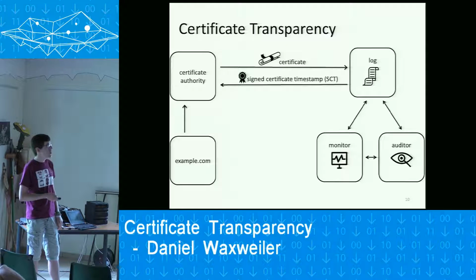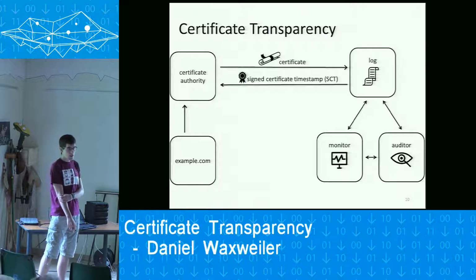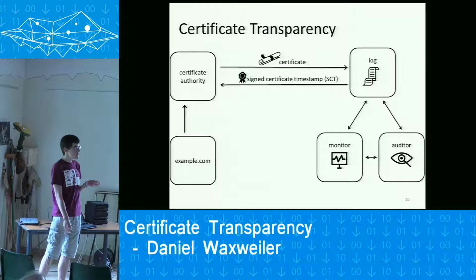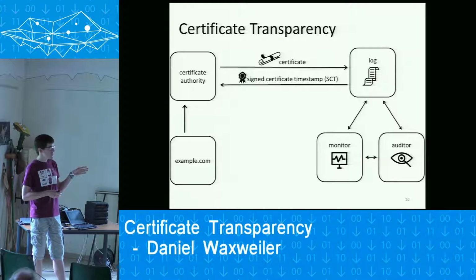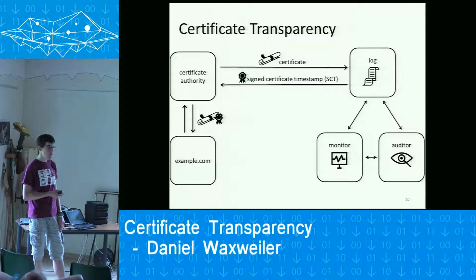This log creates a signed certificate timestamp, abbreviated SCT, which is just a promise to add the certificate to the log server within some time period. Then this SCT is appended to the certificate and will accompany the certificate during the certificate's lifetime.